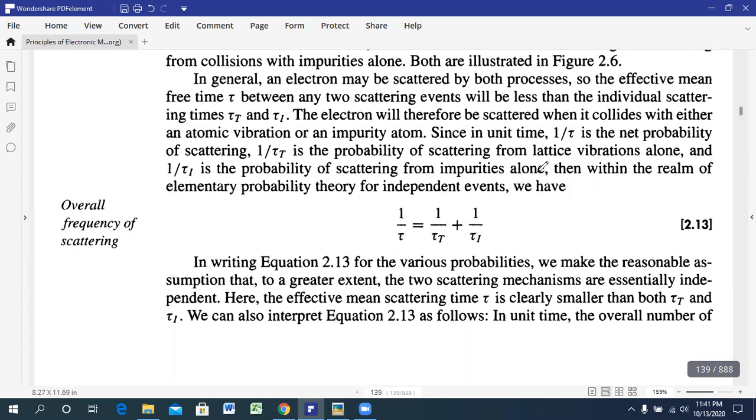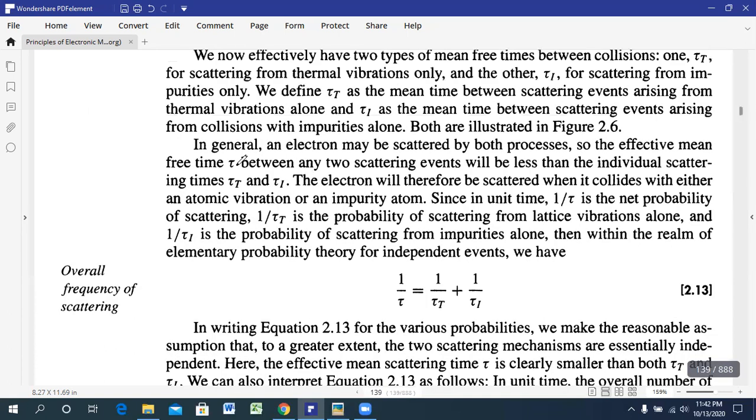Now look, in general an electron may be scattered by both processes. So the effective mean free time tau between two scattering events will be less, and the individual scattering times are tau T and tau I. So what is tau T?